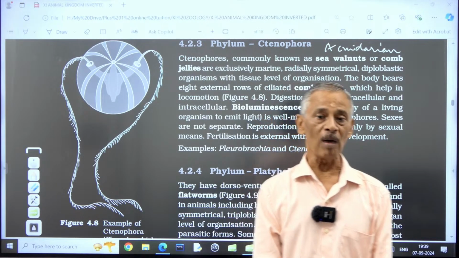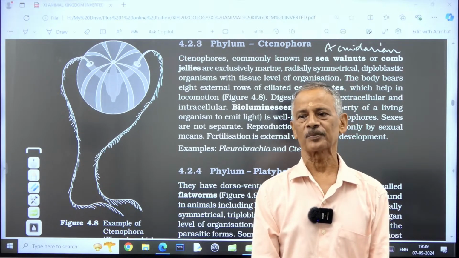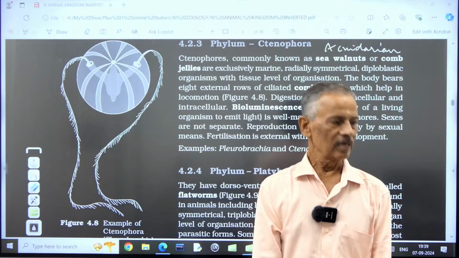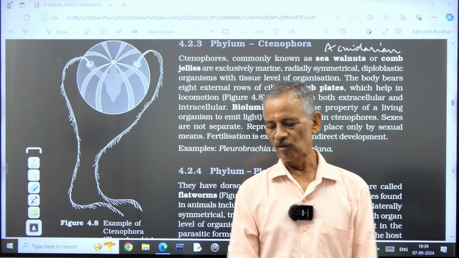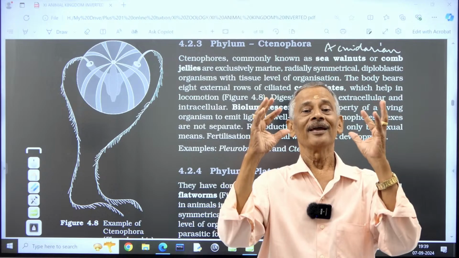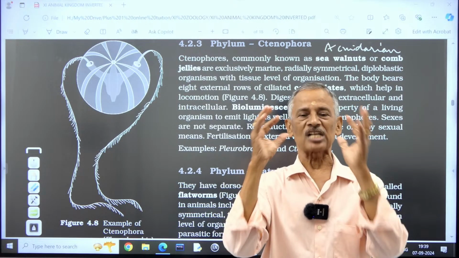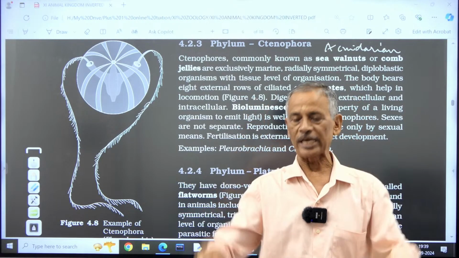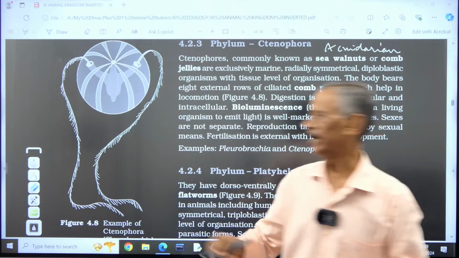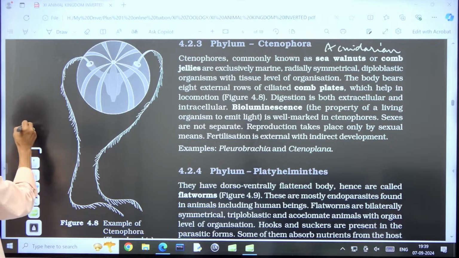Instead of cnidoblasts, they will have some special cells. Usually, they will have a peculiar type of structure for locomotion called comb plates.